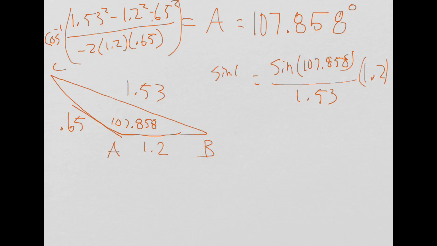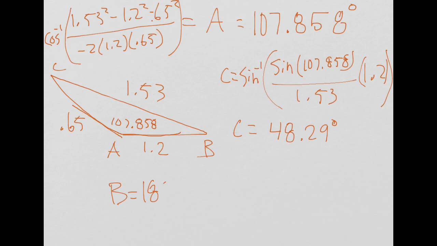We get sine C is going to equal that. So take the inverse sine of both sides, and you will get C equals the arcsine of all of that mess. Plug it into your calculator. You should get C equals 48.29 degrees.